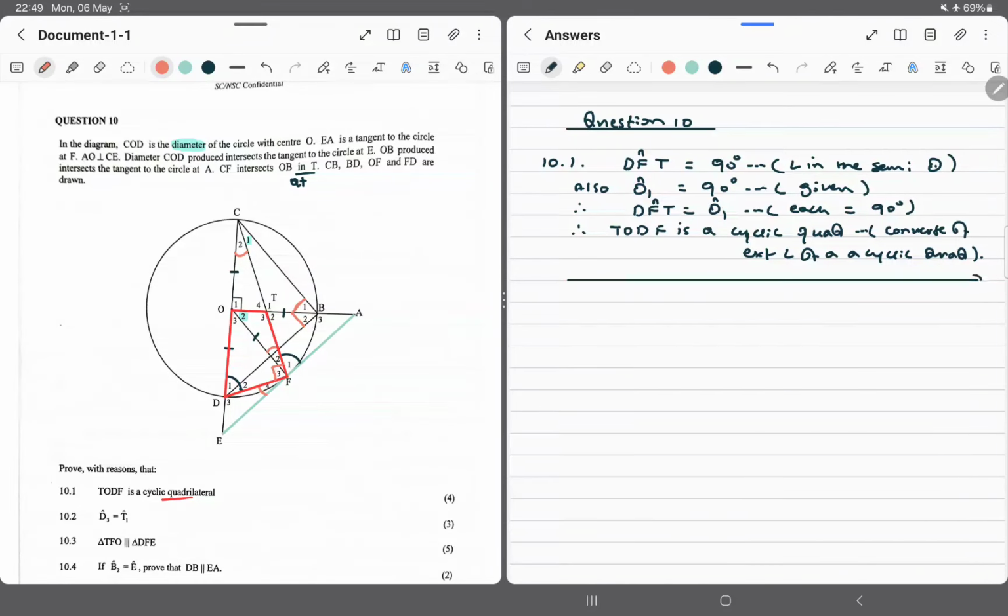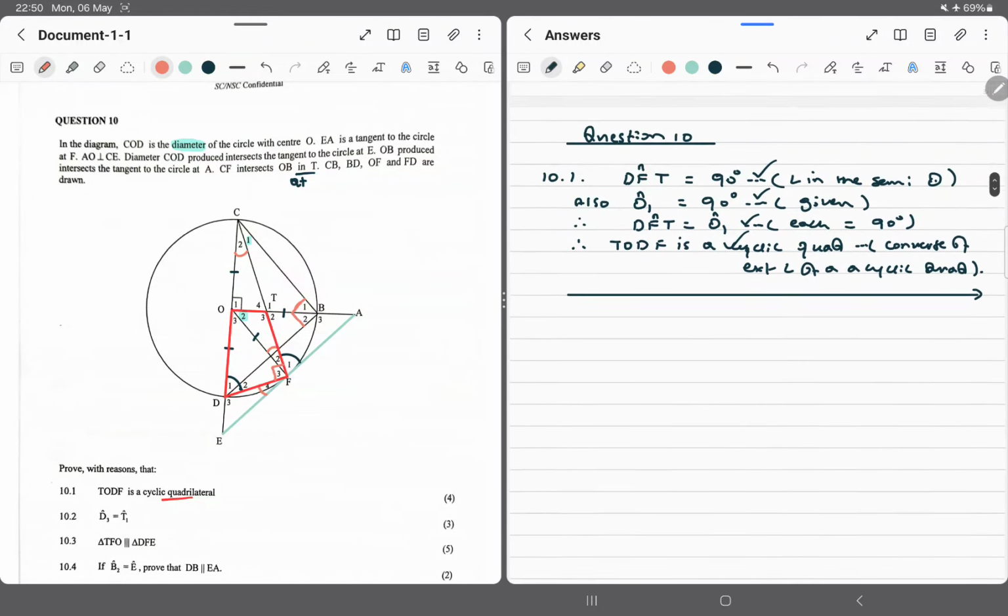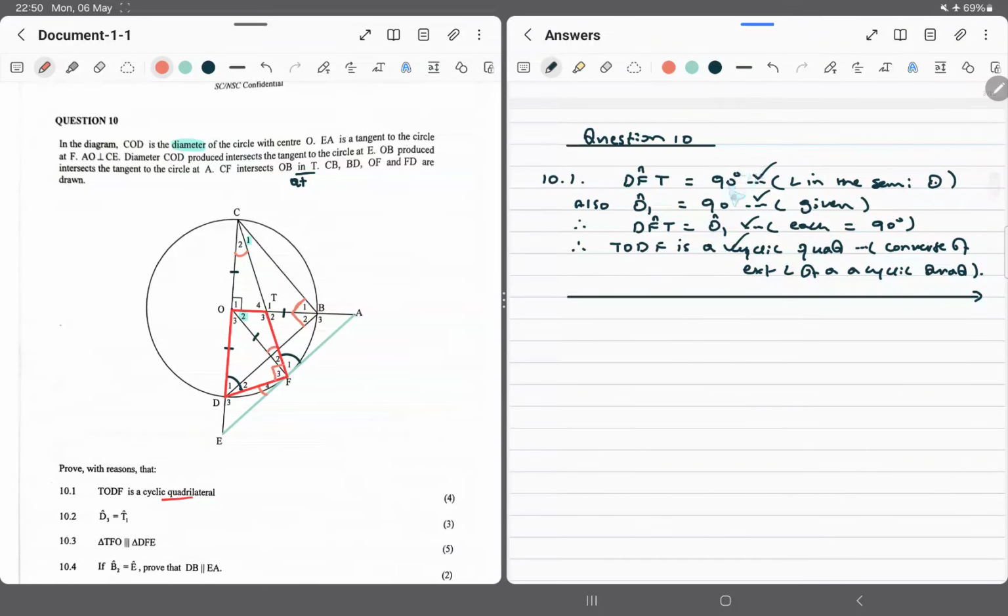Nice and easy. Yeah, guys, this was more of a standard exam, truly. So this was a mark, and essentially that statement and reason is a mark. So 2 marks, and then we are getting 4 marks. Sometimes you get 2 marks for the statement and reason.